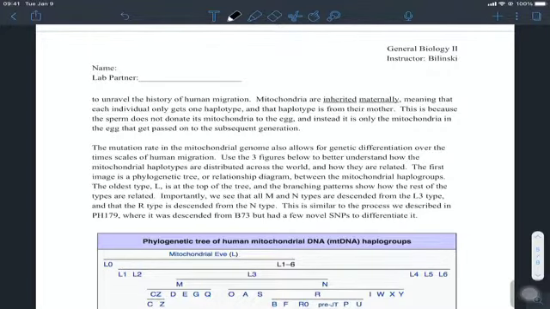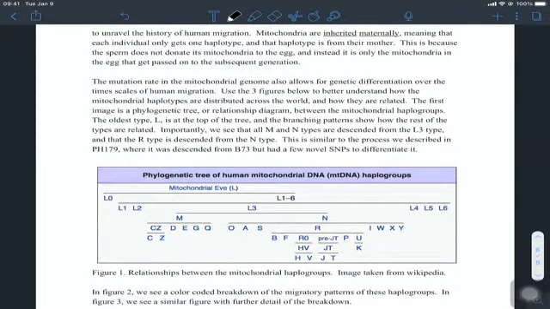And so, trying to look at the history of all of human migration and the entire mitochondrial genome, we see that the mitochondrial genome is much, much smaller than our human nuclear genome.